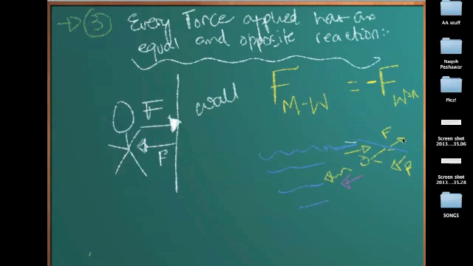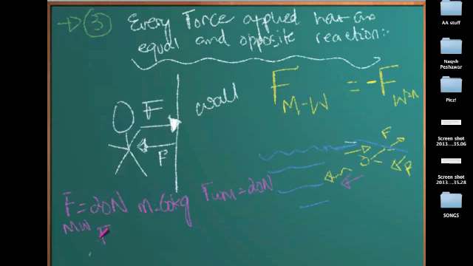Let's say you are exerting a force of 20 newtons on the wall, and the wall exerts the same force on you as our theory suggests. And let's say you have a mass of 60 kilograms. Let's find out your acceleration.